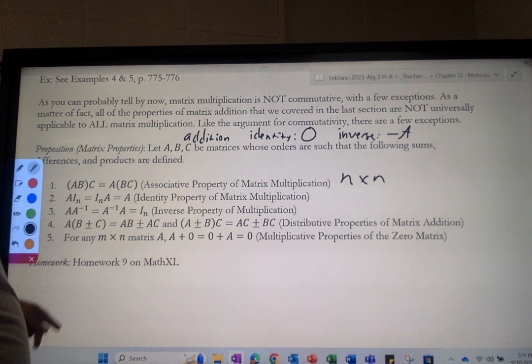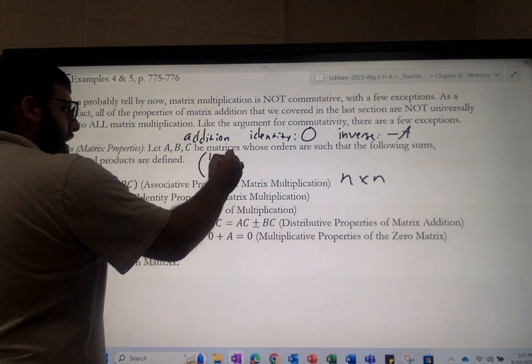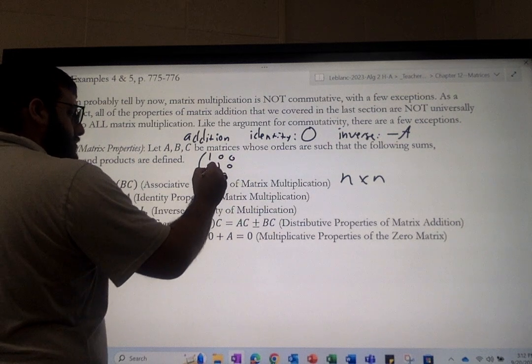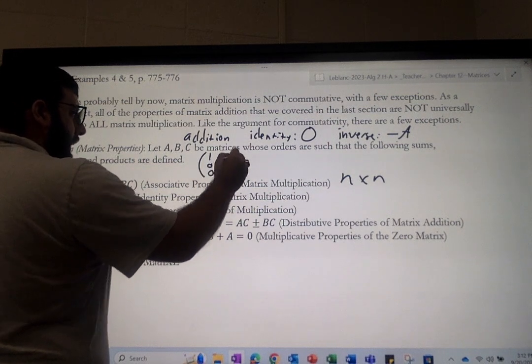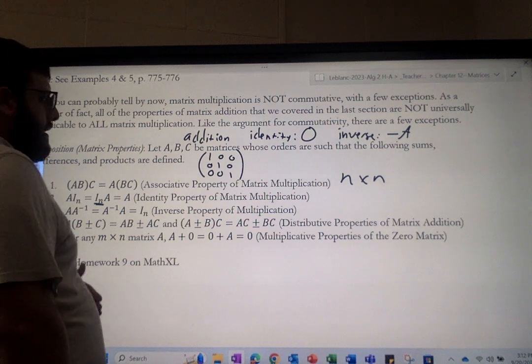Now, the identity is simply the identity matrix. If you recall, the identity matrix is a square matrix where I have a diagonal of ones from the upper left-hand corner to the lower right-hand corner, and everywhere else is 0.